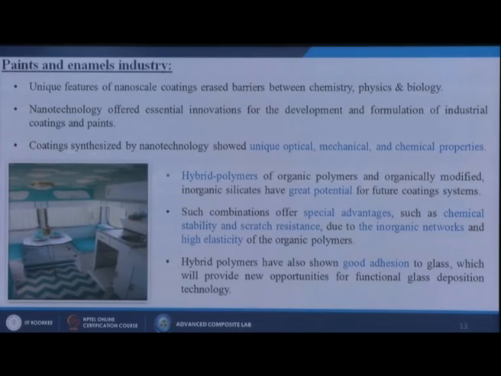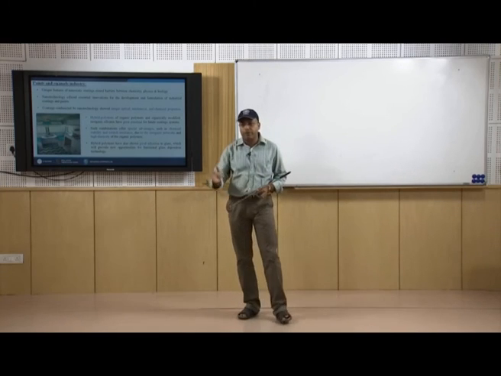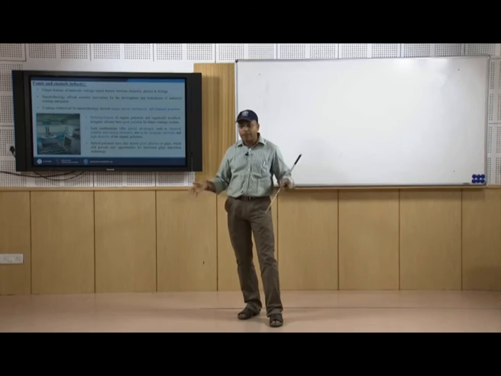Next, in the paints and enamel industry also we are trying to use this kind of nano coatings. The unique features of nanoscale coatings erased barriers between chemistry, physics and biology. Yes, previously we talked about chemistry, physics, and biology separately. Nowadays these subjects have formed an interdisciplinary chain between them.